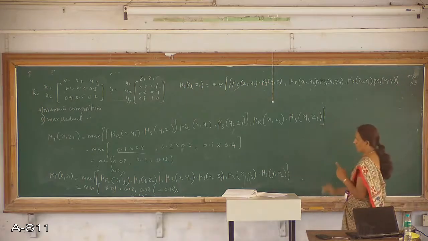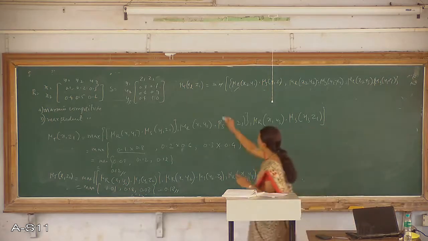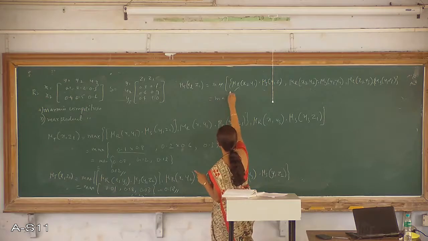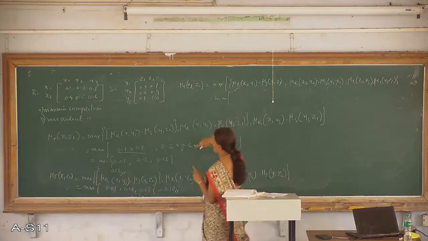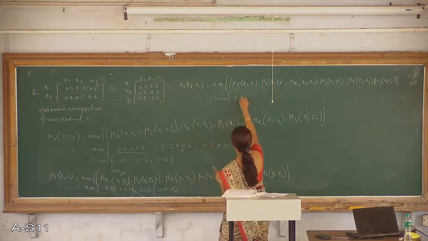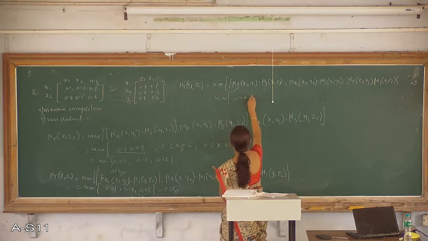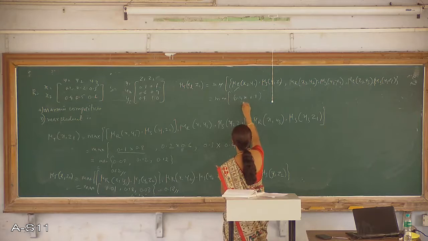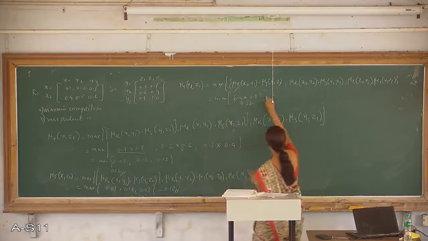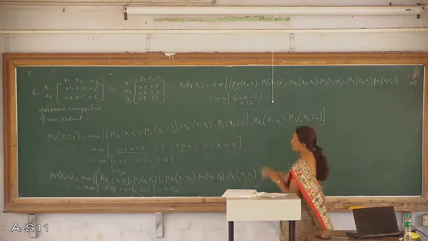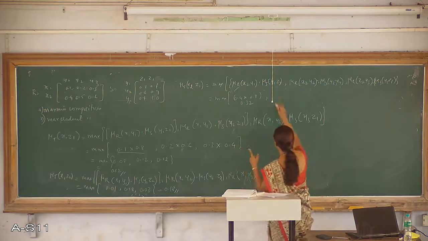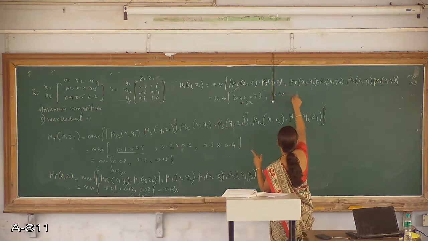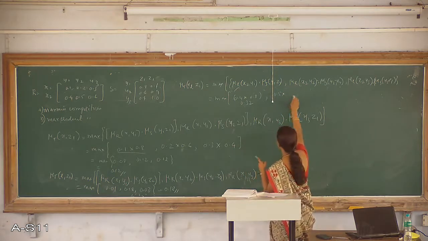So this I want with the calculation. This will give me max of mu r of x2, y1. x2, y1 is 0.4 into y1, z1. y1, z1 is 0.8. So it will give me 0.32. And mu r of x2, y2. x2, y2 is 0.5, dot product of y2, z1. What is y2, z1? It is 0.6.